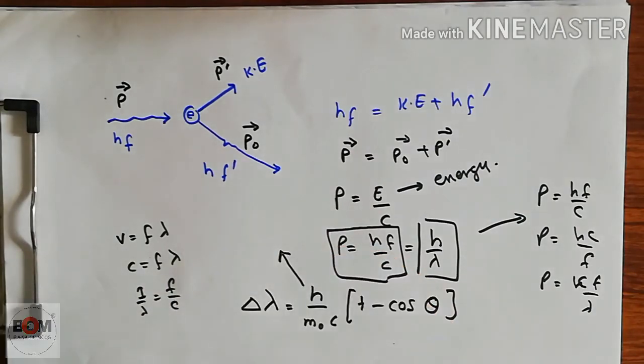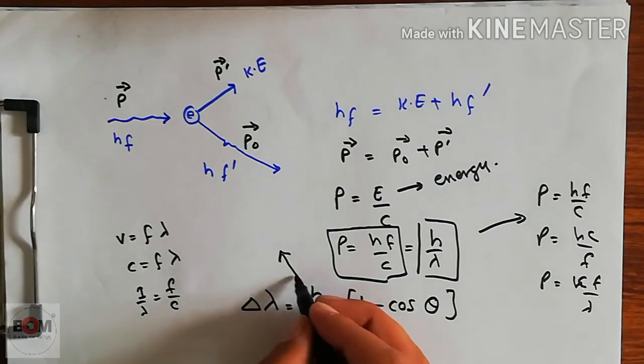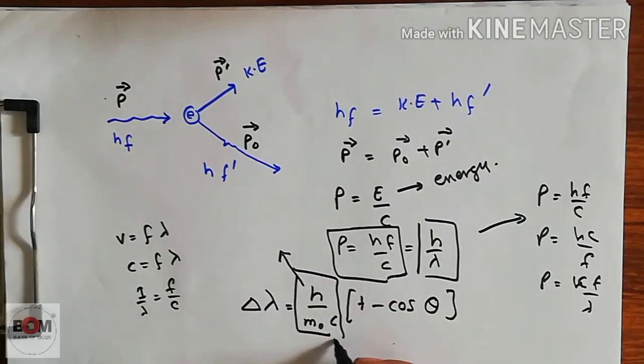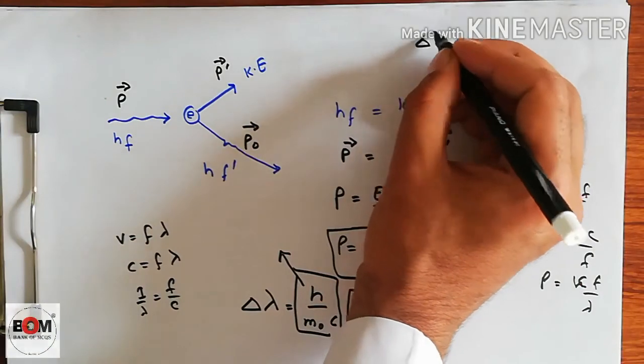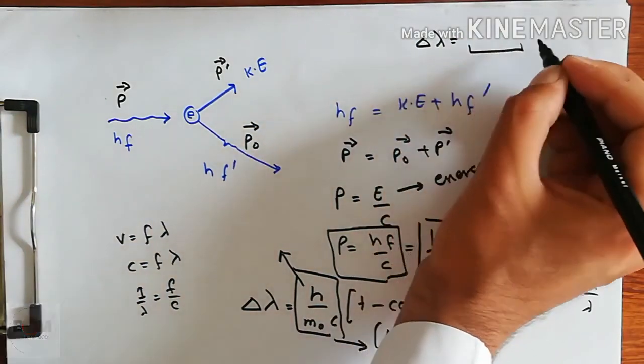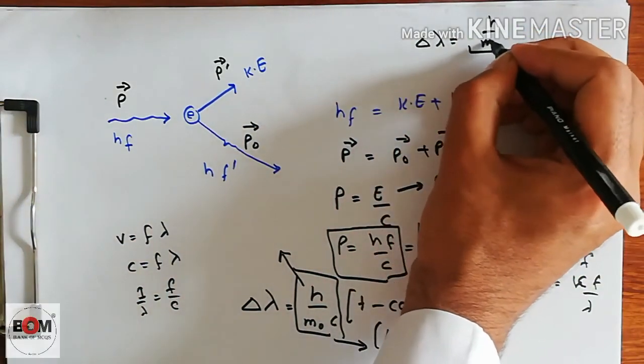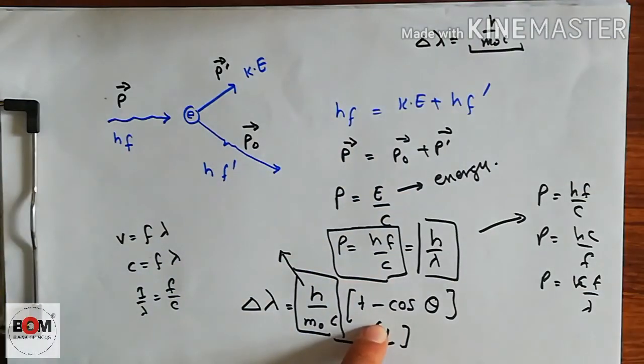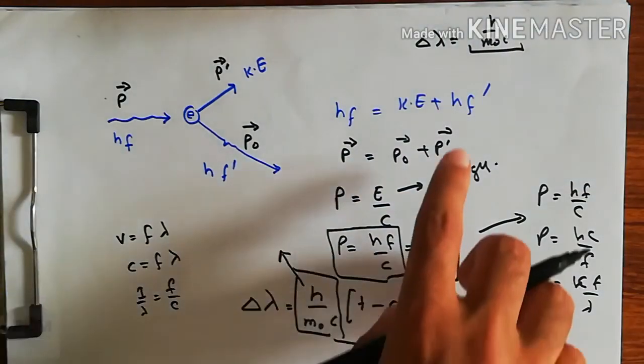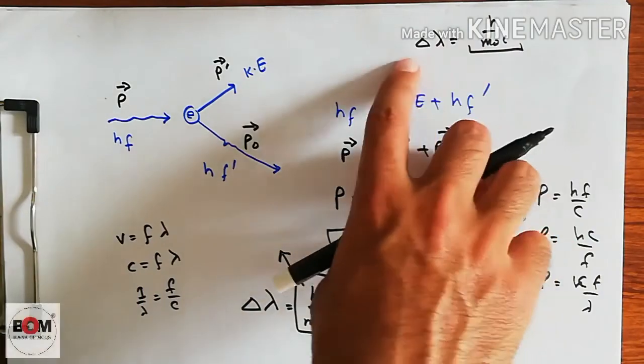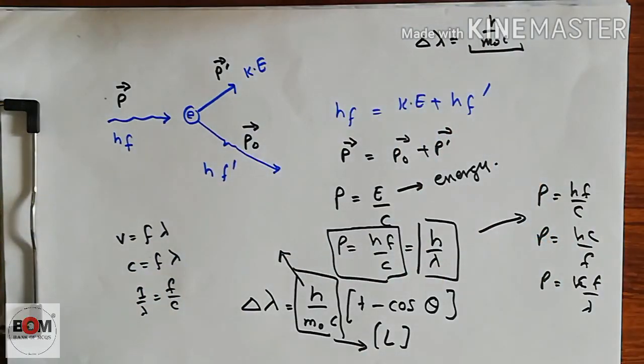Now there is a rule for dimensions. They can ask you what the dimension of h divided by m naught C is. It is the dimension of meter, so its dimension is length. How can we find it without a calculator? In the equation, h divided by m naught C is multiplied by 1 minus cos theta, which is a number and dimensionless. If there is an equation, the right and left sides both have the same dimension.